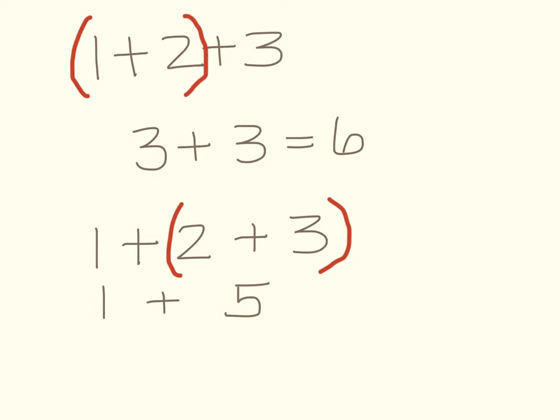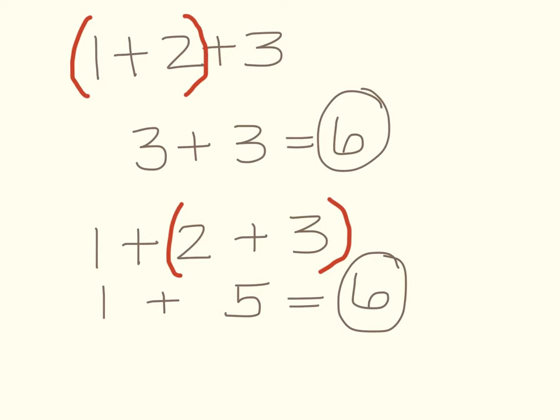And then I would add my 1. So I would say 1 plus 5 equals 6. So I'm going to always end up with the same answer because of the associative property of addition. And we'll take a look. The same thing's going to work in multiplication. I can group my numbers in any way, and I'm still going to end up with the same answer. That is the associative property of addition.